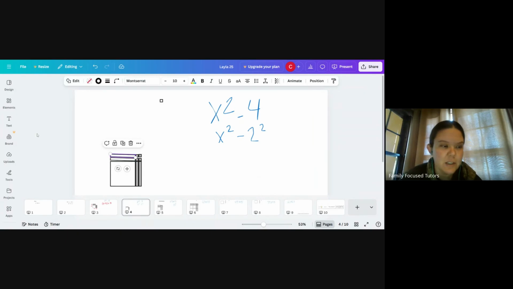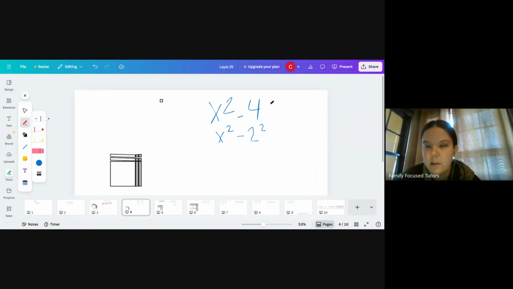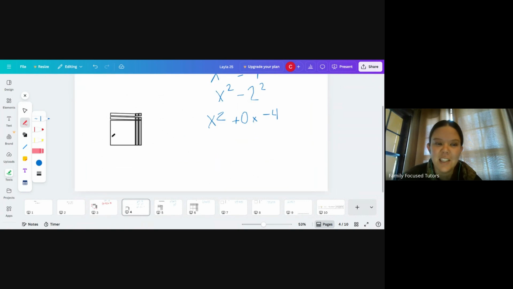Really what this says is it can be x squared minus 0x minus 4, or plus 0x, it doesn't matter. Minus 4. So I want to keep this term 0. In order to do that, when I add negatives, I have to add positives, or when I add positives, I have to add negatives to create the square. So this side gives me x plus 2, and this side gives me x minus 2.